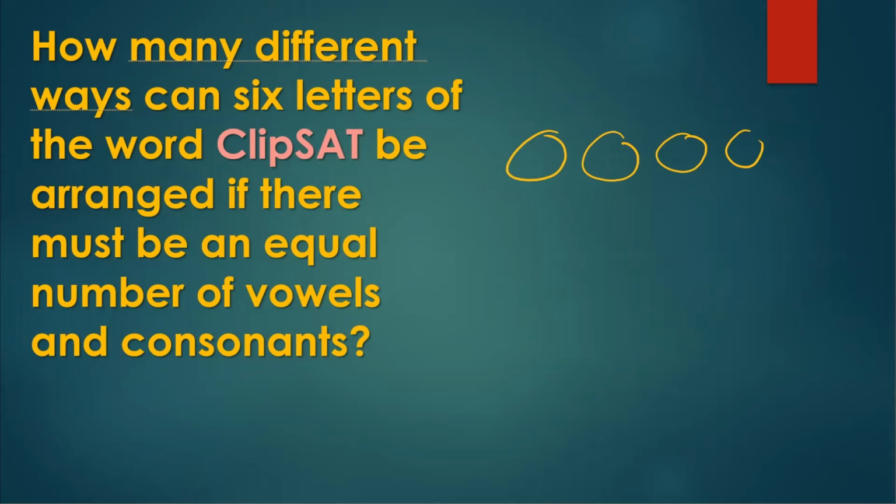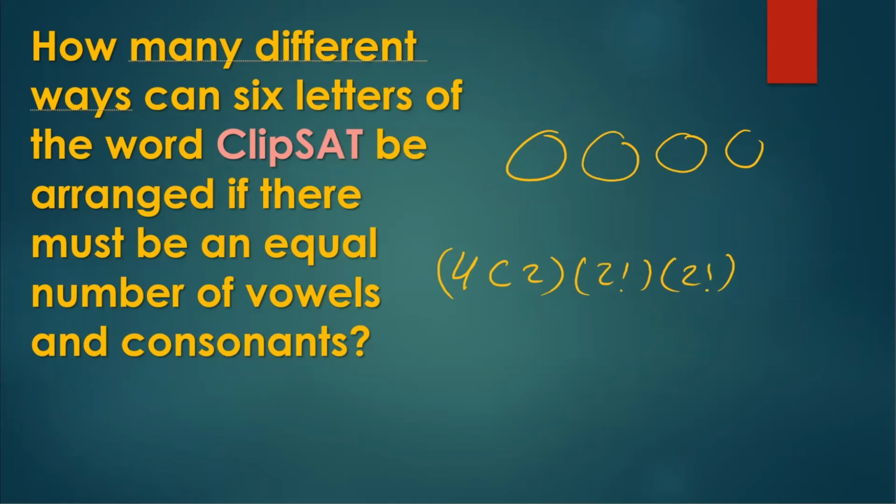How many ways to choose 2 places in the 4? It will be 4C2 to store the vowels. The vowels I and A can be arranged in factorial 2 of methods, and the other 2 letters can also be arranged in factorial 2 of methods.